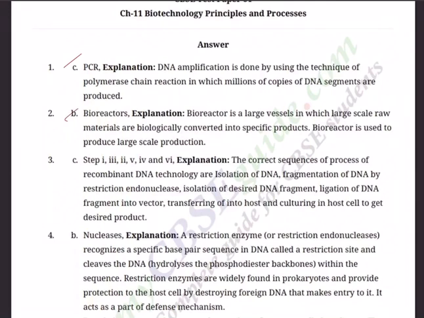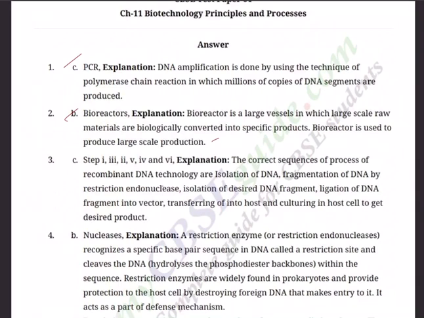Answer is B. Bioreactor is a large vessel in which large scale raw materials are biologically converted into specific products. Bioreactor is used for large scale production. Question number 3, that sequence, it is step 1, 3, 2, 5 and 4 and last 6.